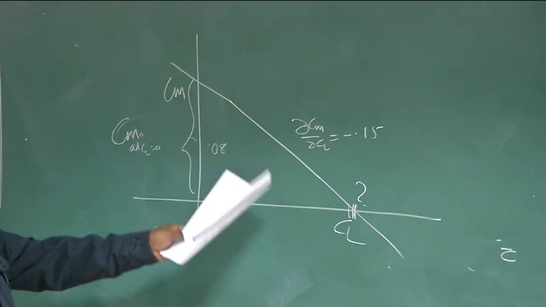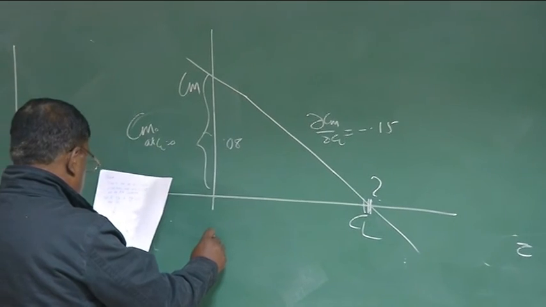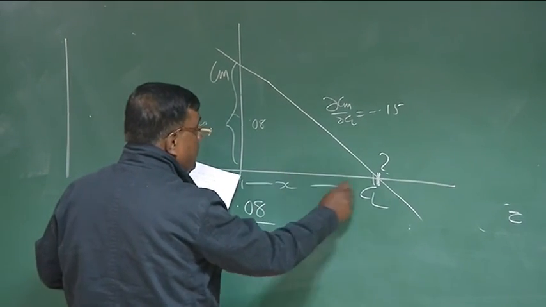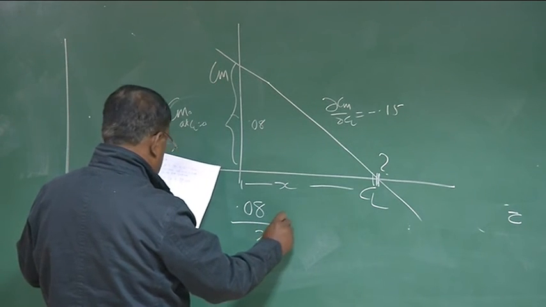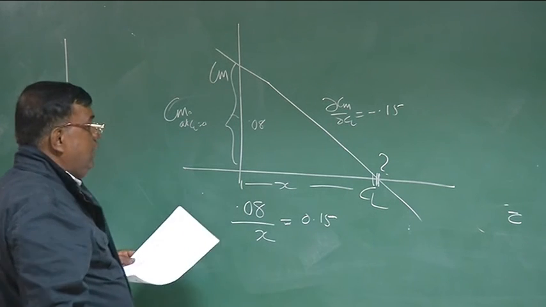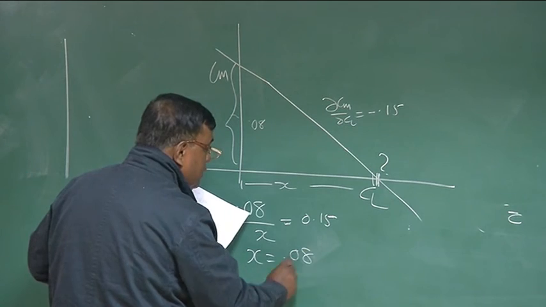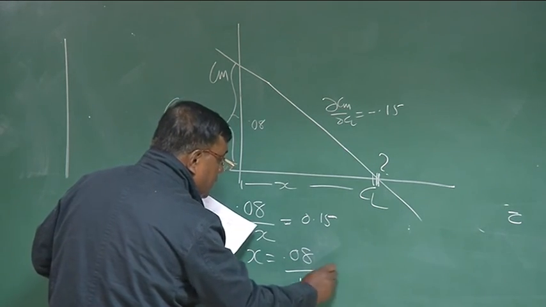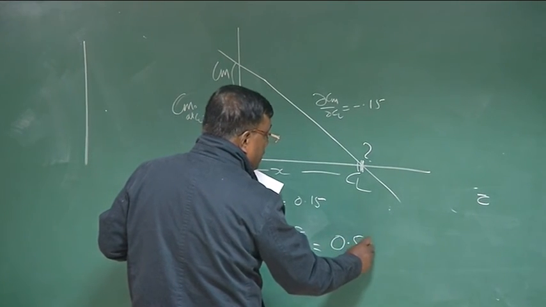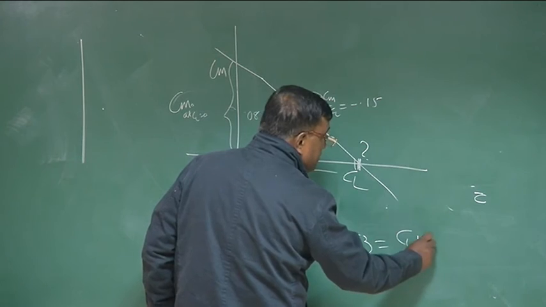You know the slope of this line, you know this. So the CL trim I can easily find: let's say this is x, and by this x the slope is 0.15. The slope is negative, I have taken out the negative sign. So x I will get as 0.08 by 0.15, which is approximately 0.52 or 0.53. So this is the value of CL trim.